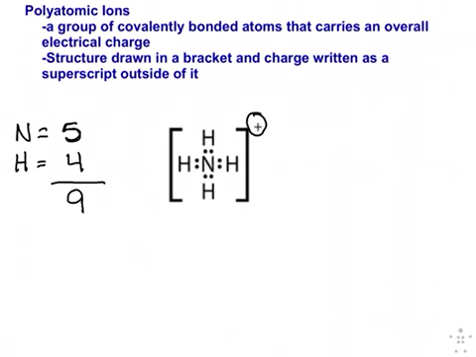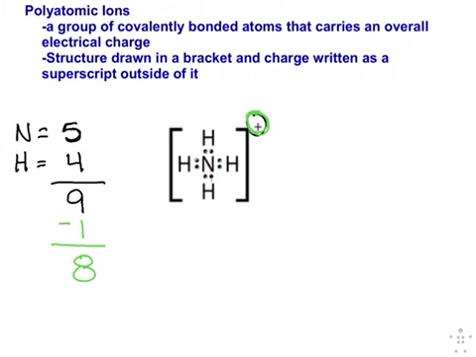But if you notice, there's only 1, 2, 3, 4, 5, 6, 7, 8. Why is that? Daniela? Because of the plus 1 charge, which means you have to subtract 1 electron. Very good. Since it has the plus 1 charge, you're short 1 electron. So we subtract that from our overall count, and we end up with 8 valence electrons.